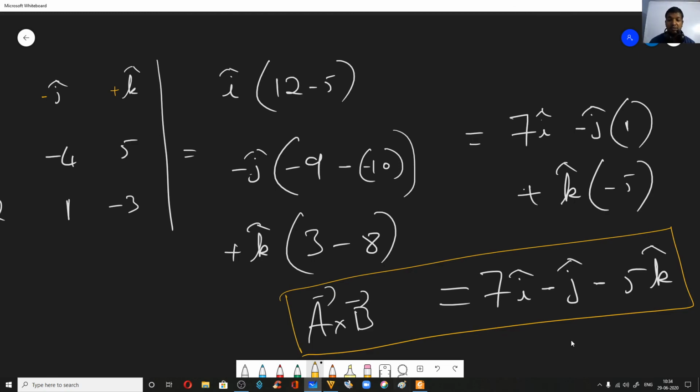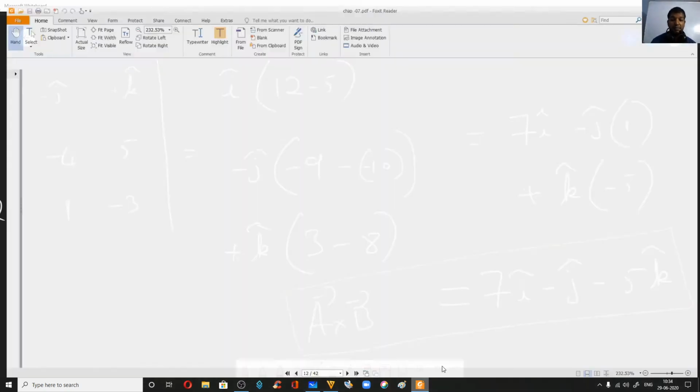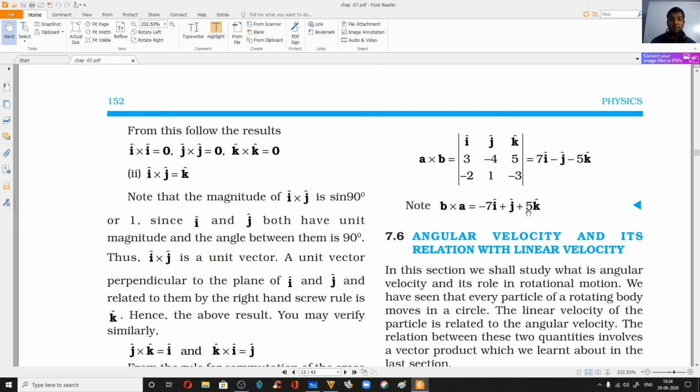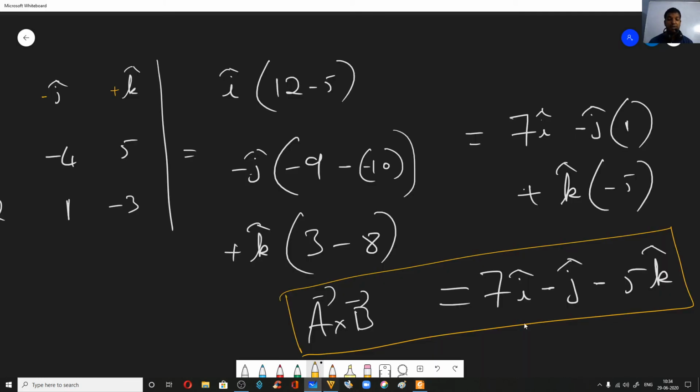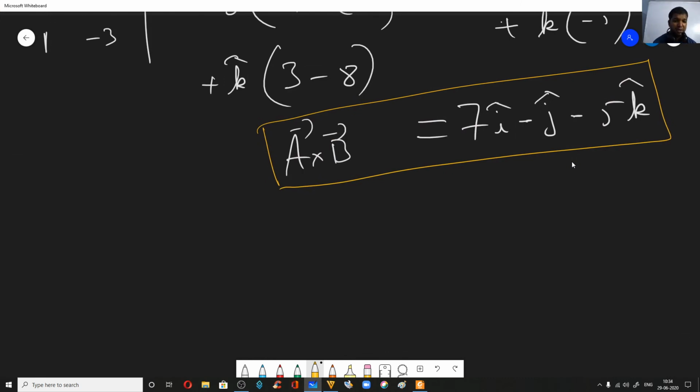So let us check. 7, minus 1, minus 5. Now if you are doing b cross a, then that will be negative of that. So try to do that. They have given b cross a also.